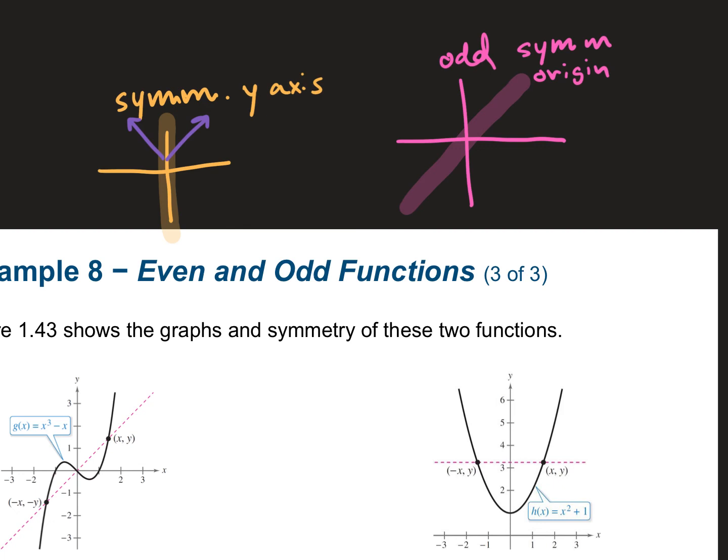So one way you can test if something is odd is by getting the same graph when you flip it upside down. So it'll be the same exact picture. If you take your iPad, flip it upside down, you'll get the same graph that you started with.